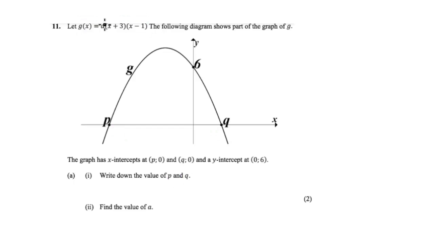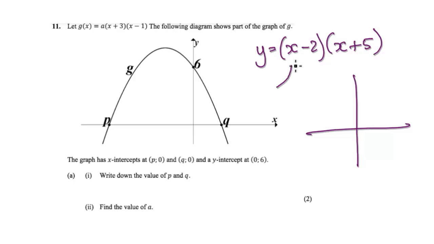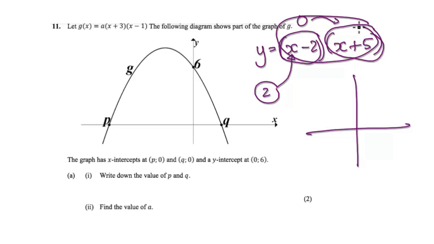So looking at this bit here, if I were to give you, let's say, y equals x minus 2 and x plus 5. Now, by looking at this, if you put a positive 2 into the x here, then this bubble here, because at the moment you've got one bubble multiplying another bubble, would be 0. 0 times whatever here, the whole thing would be 0.